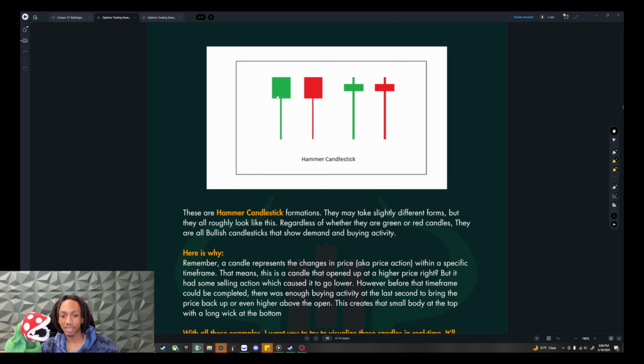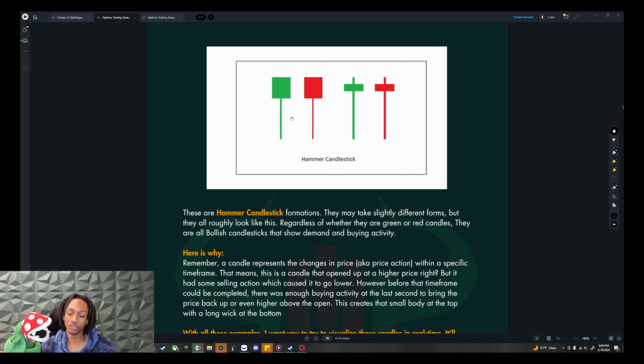So if you have a candle with a long wick at the bottom, that means in that time frame there was enough selling that at a certain point this candle was red and really low and heading downwards. But before the time frame moved on to the next period, there was enough demand to cause price to go back up and create this kind of candlestick formation.